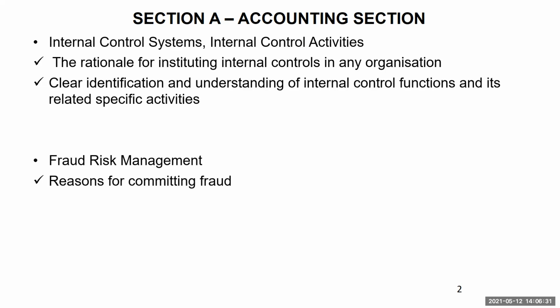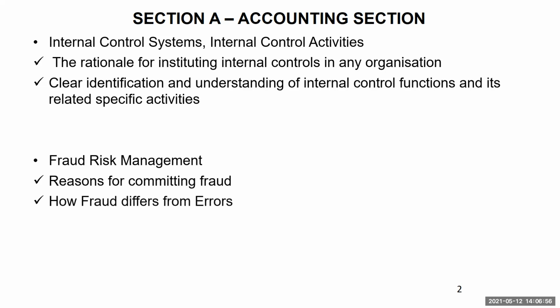Again, we'll look at fraud risk management. It's very important. One thing I realize is that any strong internal control system helps to prevent fraud risk. That's why I brought fraud risk right under the internal control system. So let us implement good internal control systems, and we can easily manage our fraud risks in our organizations or in any organization.